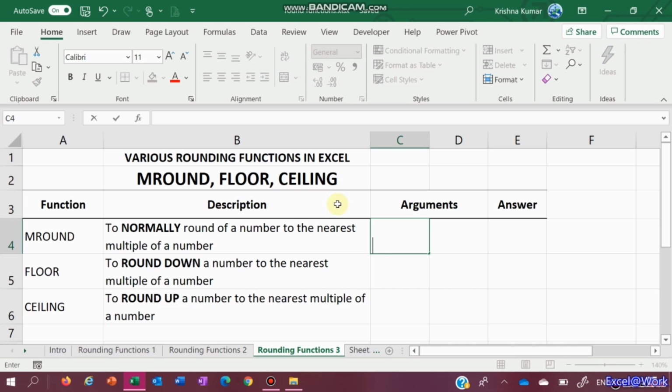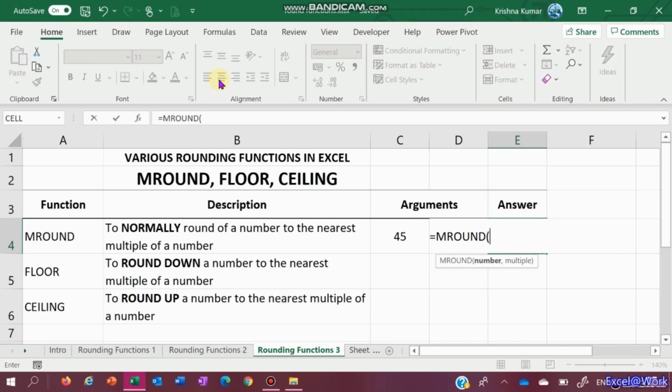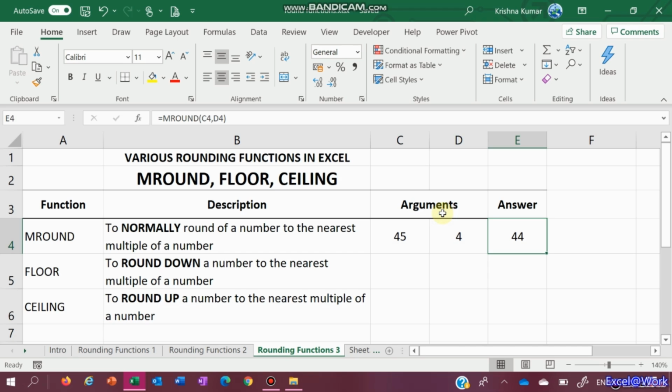The number is 45. You want groups of 4. The syntax is MROUND a number, which is 45, and the multiple, which is D4. This becomes 44.